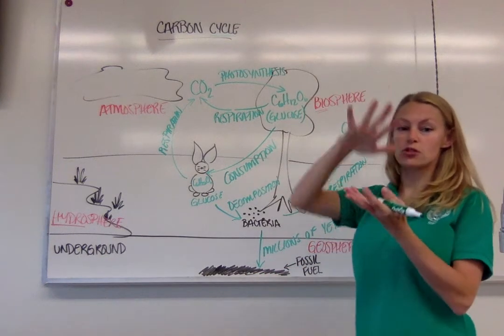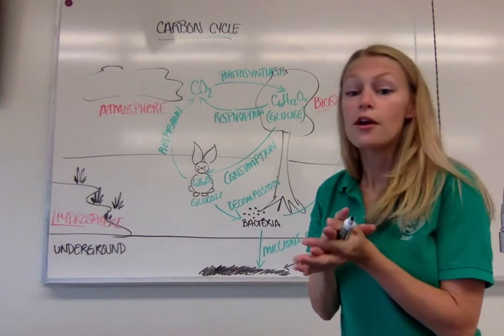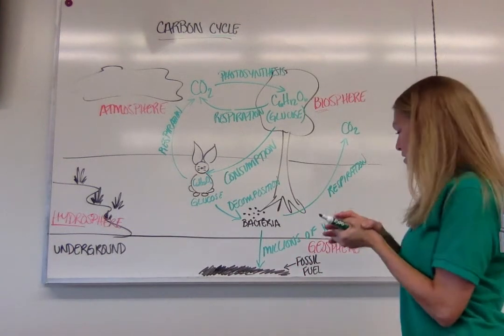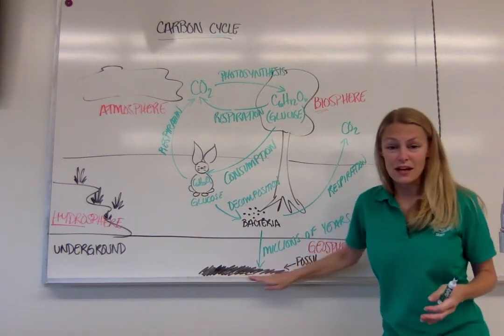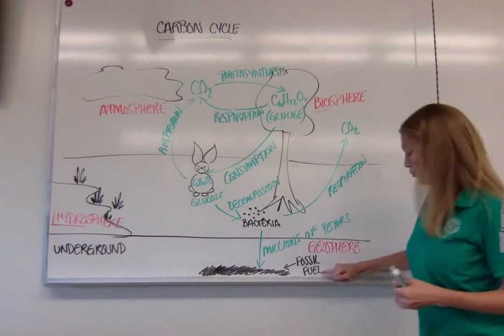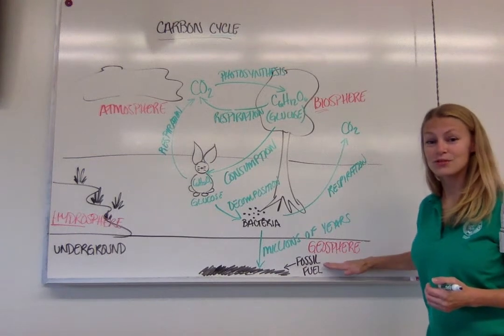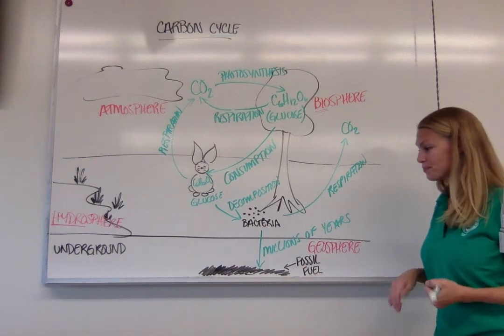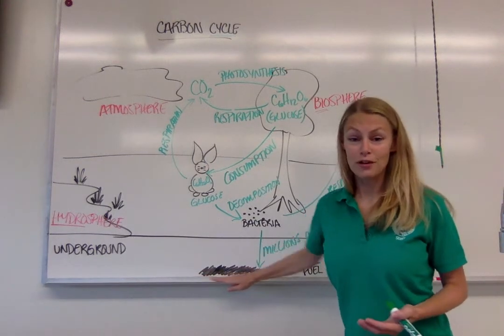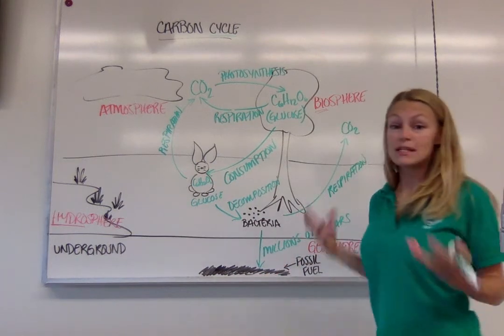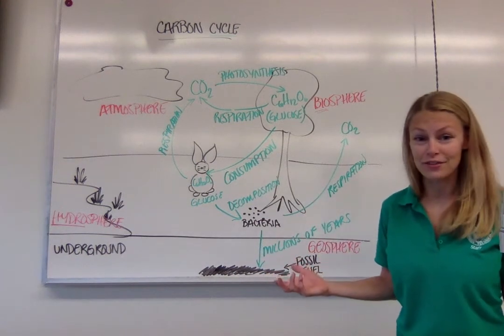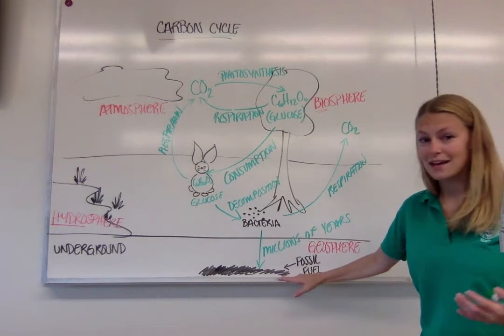So that's when they've been squished and squished for millions upon millions of years. You can't even tell that it's a fossil anymore, but we've made fuel out of fossils. So it's another way to utilize energy. Now, if humans were not around, fossil fuels would literally be stuck in the ground forever. So we'll get back to that in a moment.